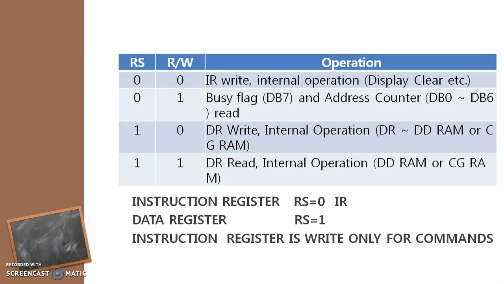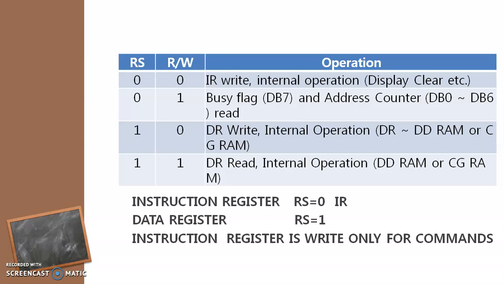There are only 2 registers in LCD display: one is the instruction register, the other is the data register. When the register select is 0, the instruction register is accessed. When the register select is 1, the data register is accessed.